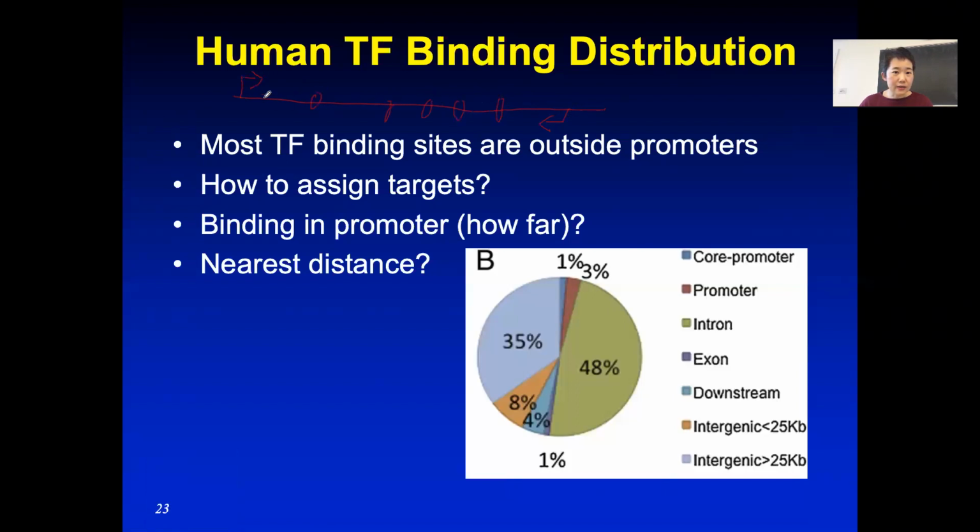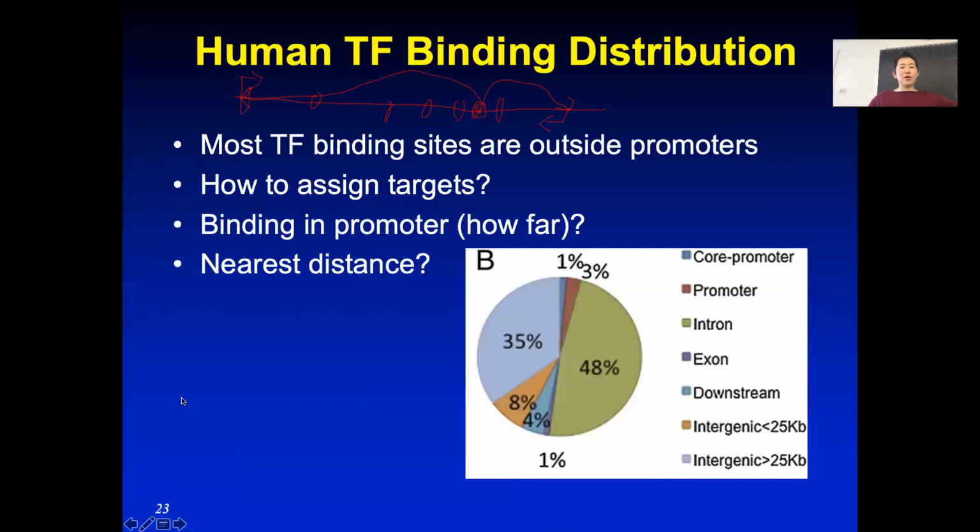So these are the exons for this gene, and if you have a transcription factor that binds to this place, it's likely to regulate this gene, probably more likely than to regulate its own gene that it resides in, because it's closer to the transcription start site of the nearby other gene. Okay, so usually there are algorithms available to assign this to the nearest gene.